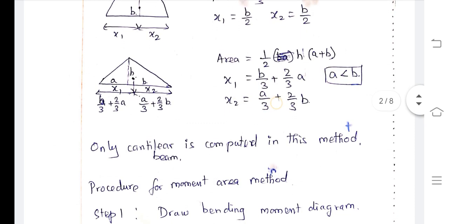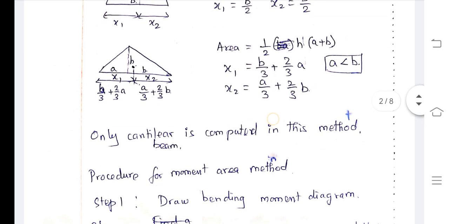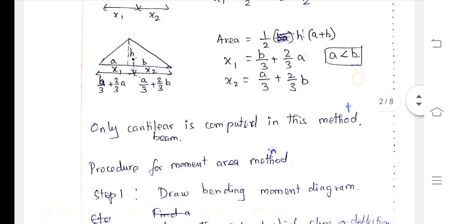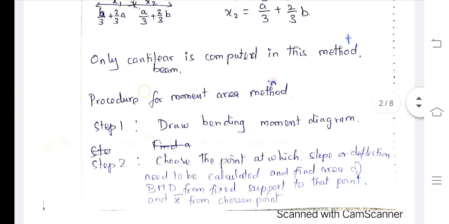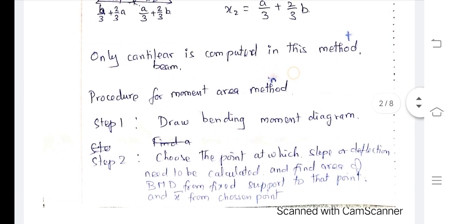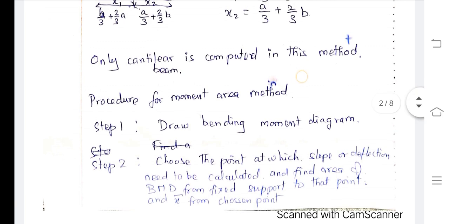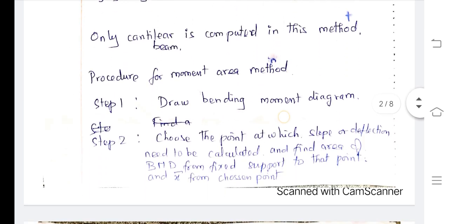X bar is B by 3 plus 2 by 3 into A, and x2 is A by 3 plus 2 by 3 B. Here A should be less than B. Then again, this is a very important note, only cantilever beam is computed in this method, because simply supported is much more difficult in this method. It can be solved using Mohr's method or conjugate beam method. So only cantilever is very much easier in this method.